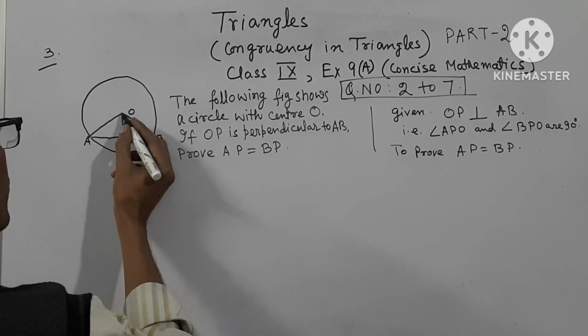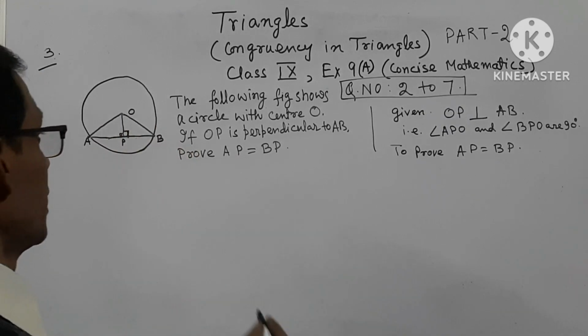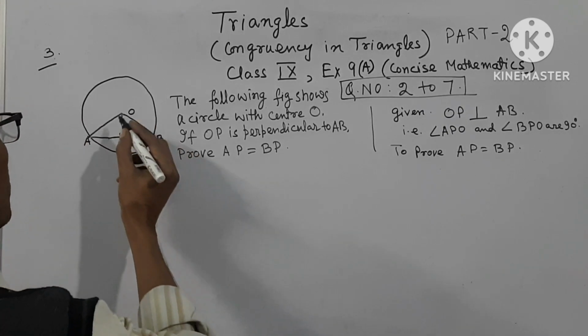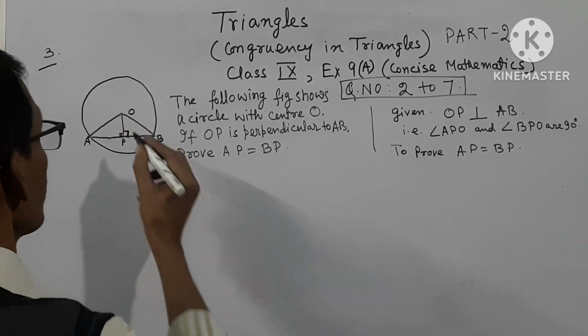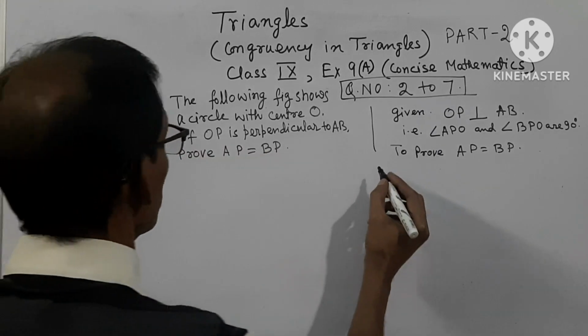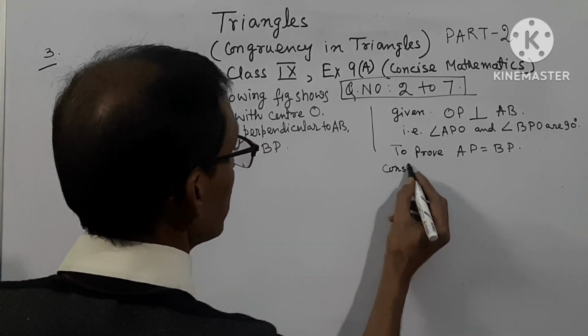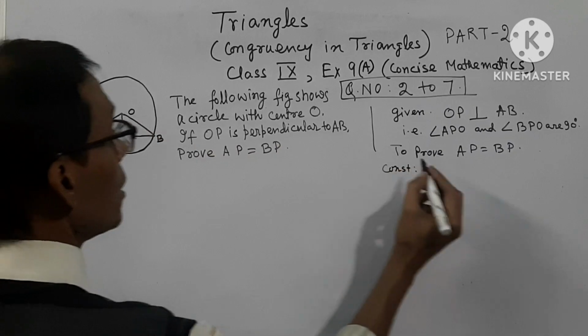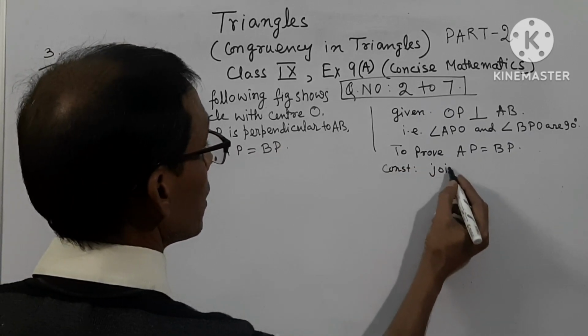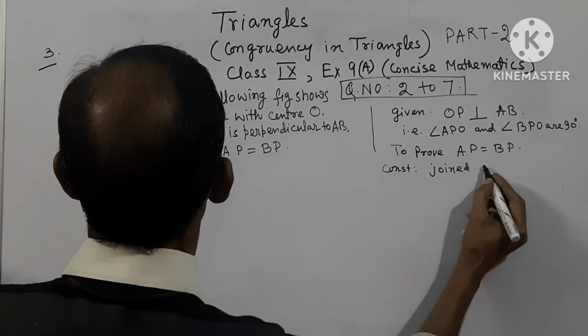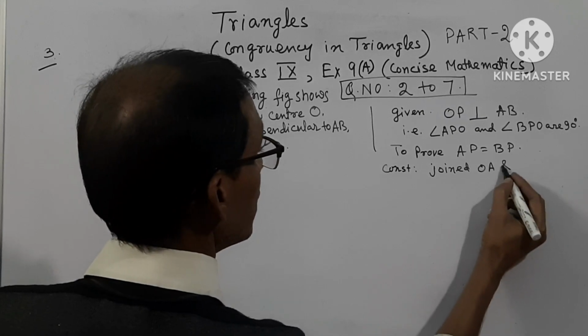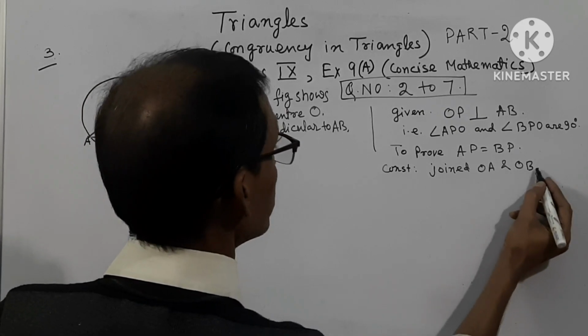Here again, construction we have already done, that OA equal to OB. OA and OB we connected. Construction also you can write: joined OA and OB.